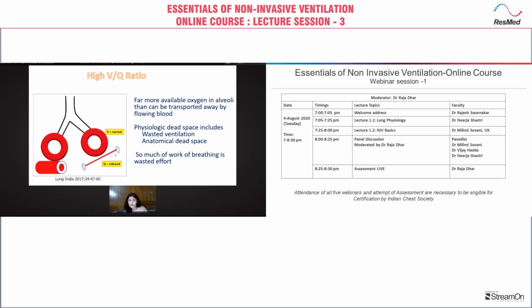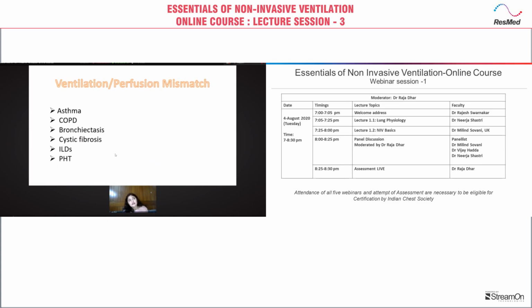So it's of no use. So whether it is a low or a high ratio, there's a problem with gas exchange, and that hampers your gas exchange and obviously increases the work of breathing. This can happen in a number of diseases, and these are also the indications for using NIV.